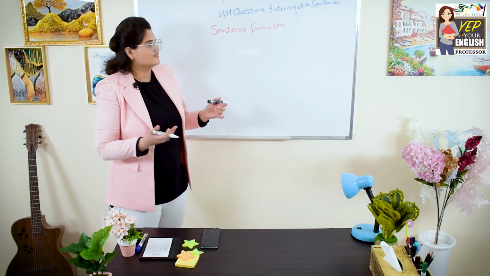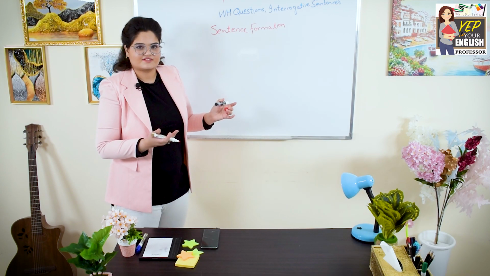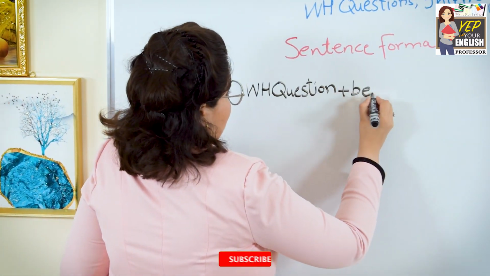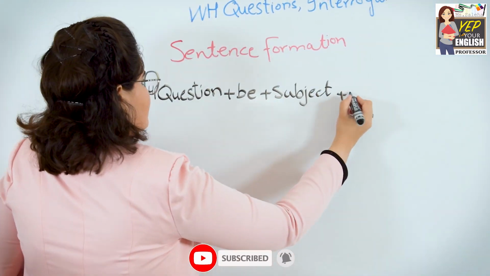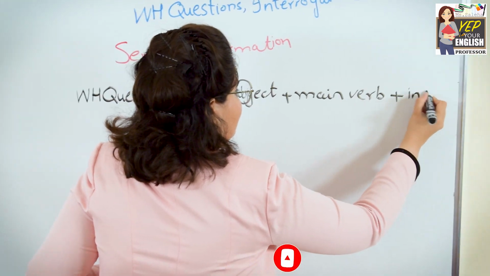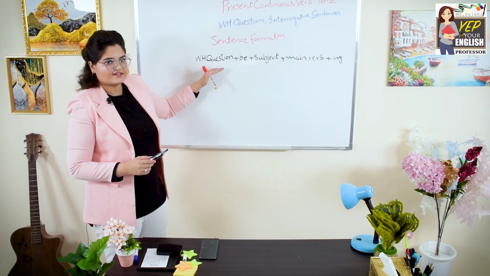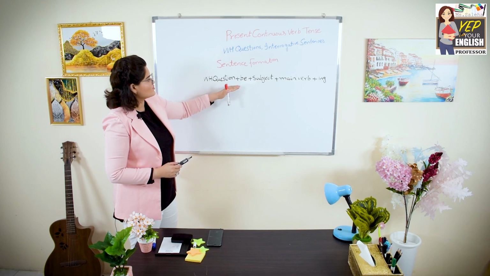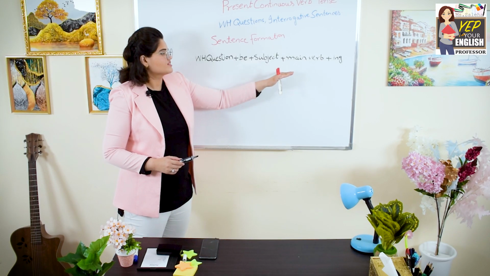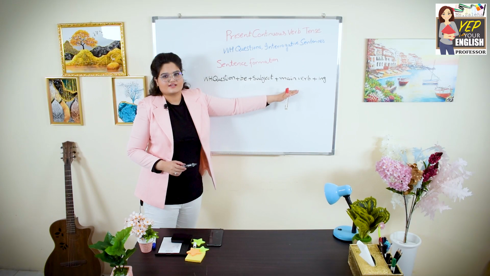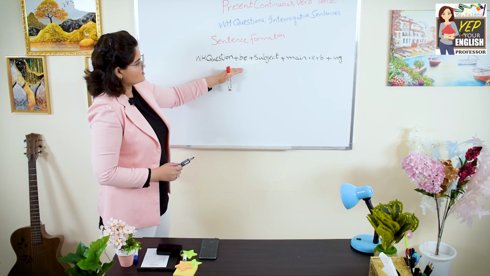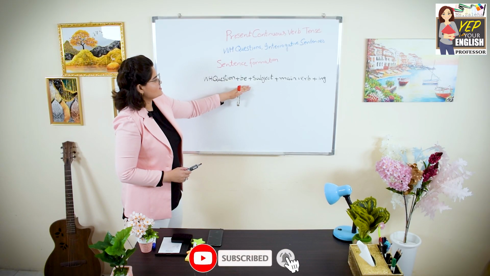Let's see the sentence formation and some examples. Here in the key you can see we added the WH question before the be, then subject, a main verb and ing. We can make WH questions with this pattern.